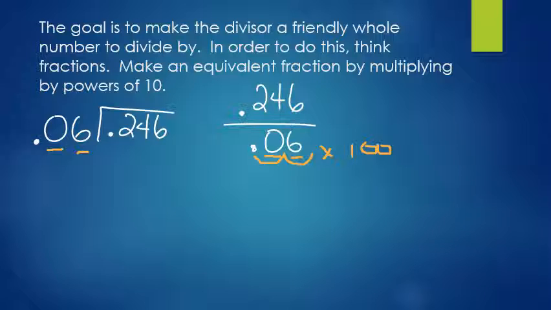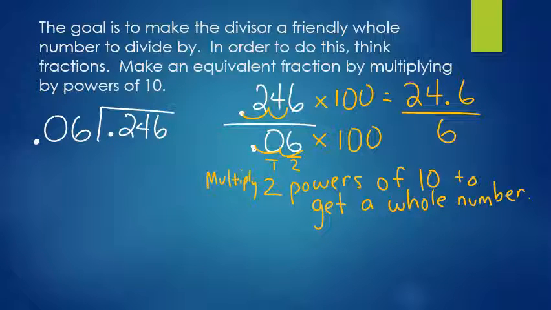And whatever I do to my denominator, I have to do to my numerator. And that will also shift the decimal 2 places to the right. And I finally have my new fraction that's a lot easier to work with. 24 6/10 divided by 6.